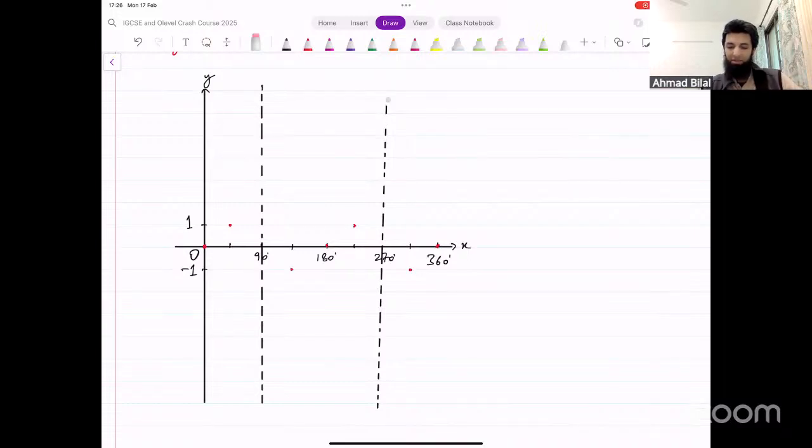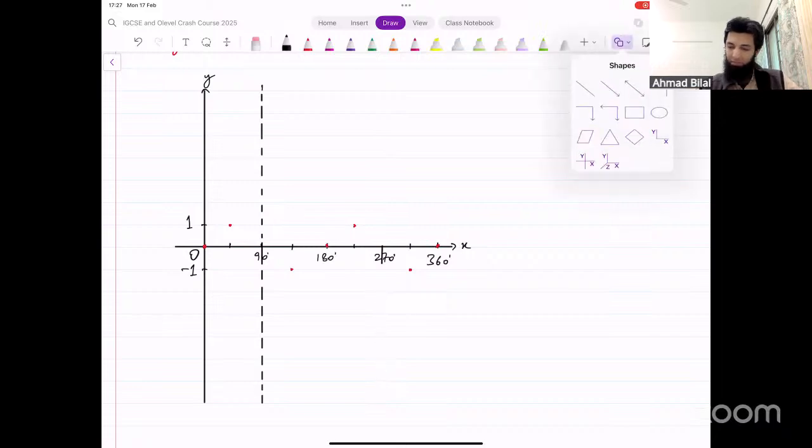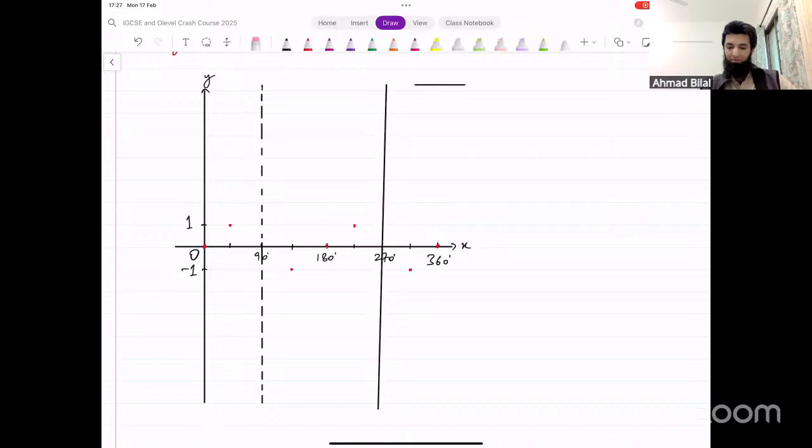Okay, this looks like it is not a vertical line, it's a bit slanted, so I'll just redraw that quickly. Okay, so I have this vertical line at 270. Let's make it dotted as well.